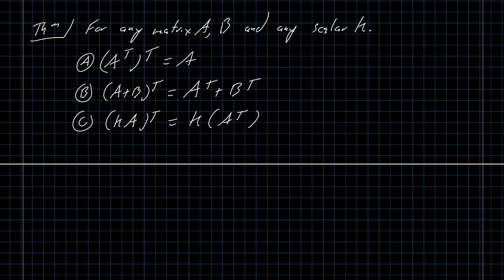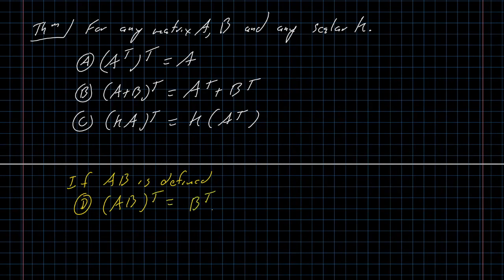I apologize. I started writing down the header and then I got distracted because I was so excited about the thing to come. For any matrix A and B and for any scalar K, we have these properties. And then the fourth property: if A times B is defined, then AB transpose is equal to B transpose times A transpose.